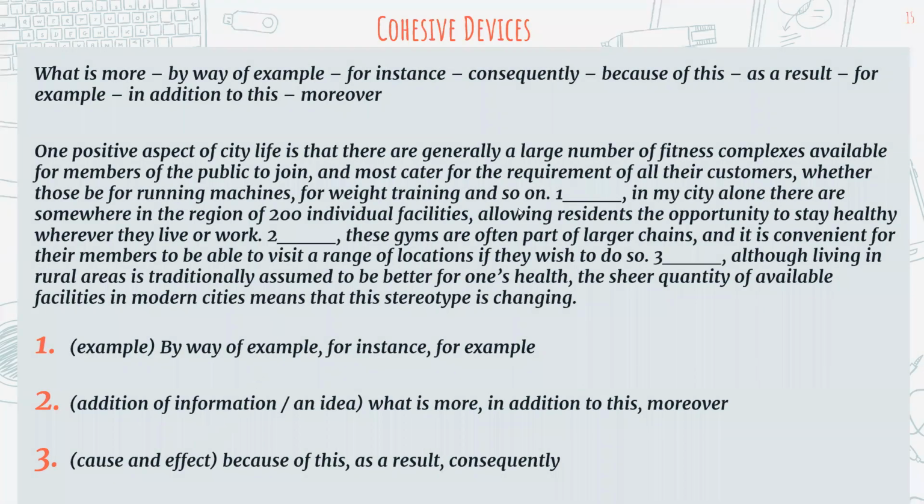Now, for the first gap, you can say by way of example, for instance, for example. Actually, I don't like to use more than 3 or 4 cohesive devices in a paragraph. And we said that you should avoid overusing cohesive devices. I have seen some students who use a cohesive device for each sentence.